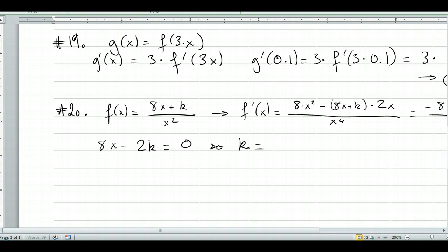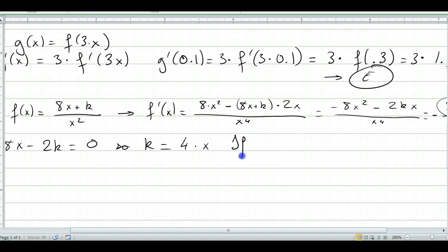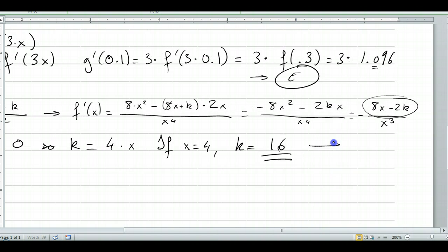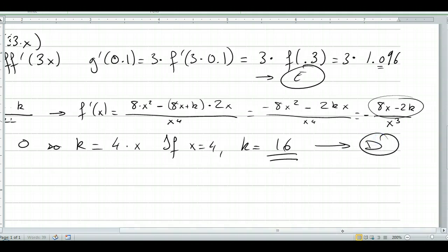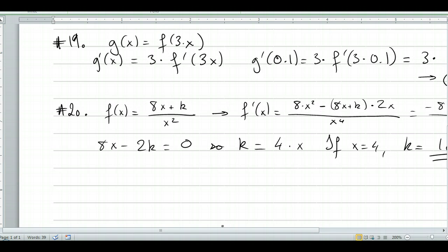So k is equal to 8 divided by 4x. Now you want the CP to be at x equals 4, okay? If x is 4, k is 4 times 4, 16. 16, and that should be D. Okay, 21.